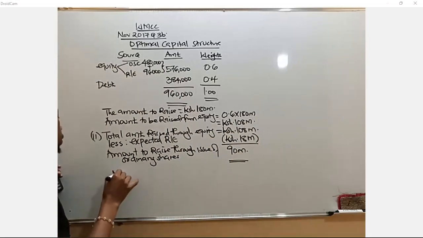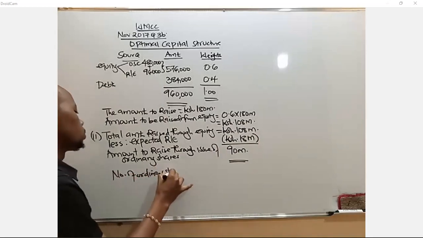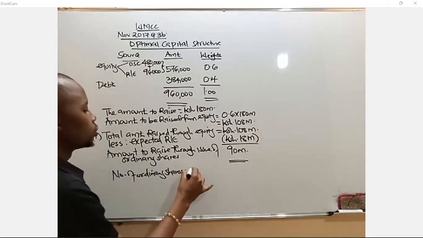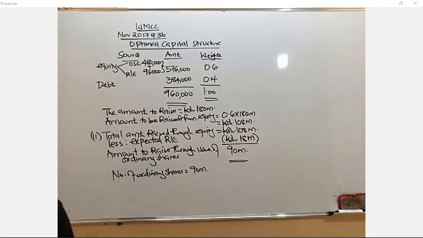So to get the number of ordinary shares, I'm going to take 90 million and ask, how much is the market price per share? In note number 2, we have been told the new ordinary shares will be issued at the current market price of that share.